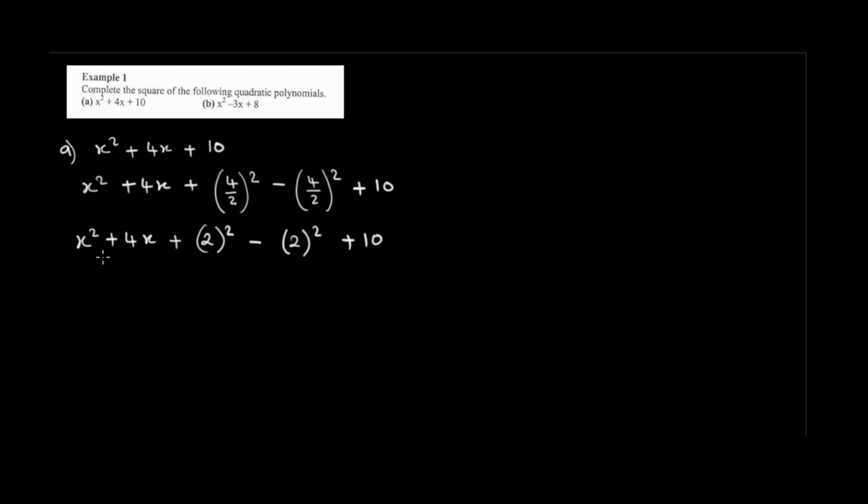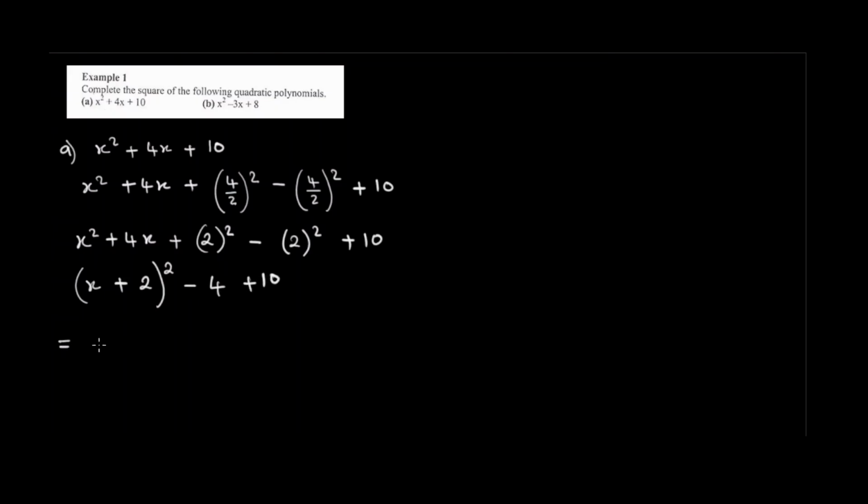Then we look at the first 3 terms, and we simplify them by making a bracket: x plus 2, squared. And then we have minus 2 squared, which is 4, plus 10.